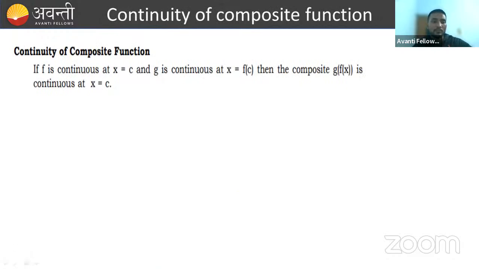Now we have to see the continuity of a composite function. What is a composite function? You already know, it is a function inside a function. So if g of f of x is continuous at x equals c, it means first we put in the x value, so f of x needs to be continuous at x equals c. Then f of c becomes the domain for g, because x first goes inside f and then inside g. So g must be continuous at x equals f of c.